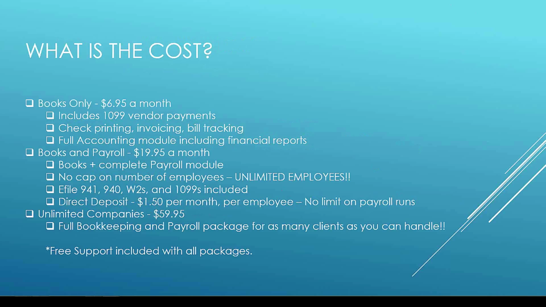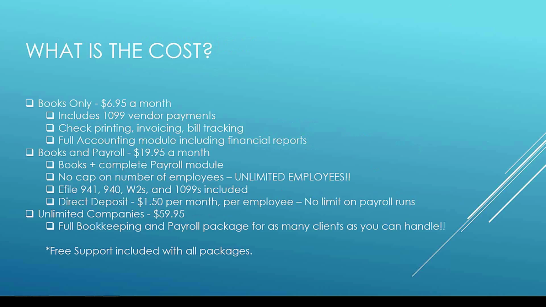It also includes check printing, invoicing, bill tracking, so anything we went over in the income and expenses portion of the demo, as well as the financial reports, such as your balance report, your sales tax, and your profit and loss.